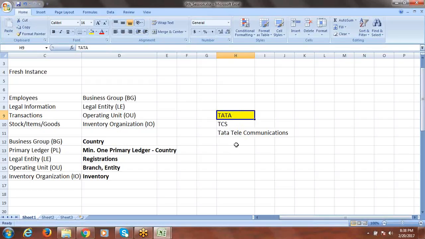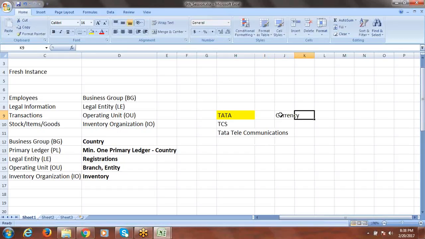So Tata Group has two verticals of businesses, TCS, Tata Consulting Services, and Tata Telecommunications. In this case, two businesses they are doing in the same India. In that case, what currency do these two businesses have to use? INR. Here I'll take a simple example, currency, I'll say this.